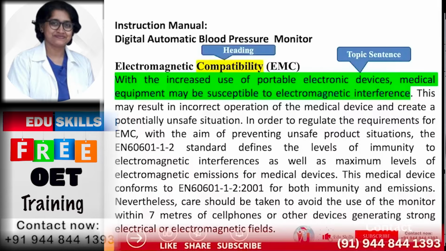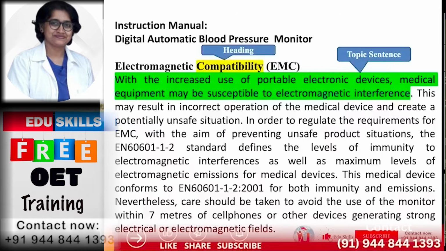This medical device conforms to EN 60601-12-2001 for both immunity and emissions. Nevertheless, care should be taken to avoid the use of monitor within 7 meters of cell phones or other devices generating strong electrical or electromagnetic fields.